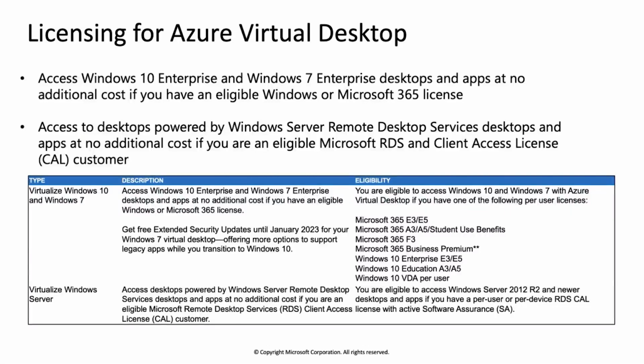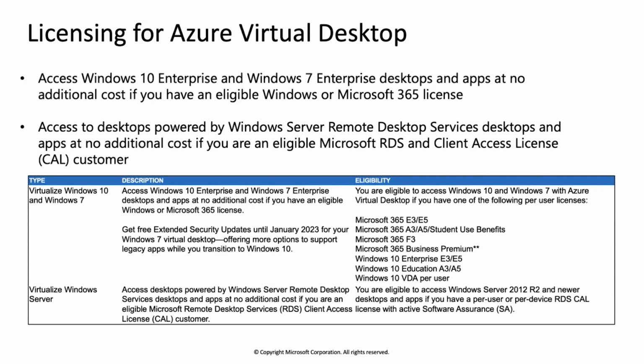Basically, guys, when it comes to licensing, you can access Windows 10 and Windows 7 at no additional cost if you have an eligible Windows or 365 license. Most organizations already have such licenses, so that comes at no additional cost.